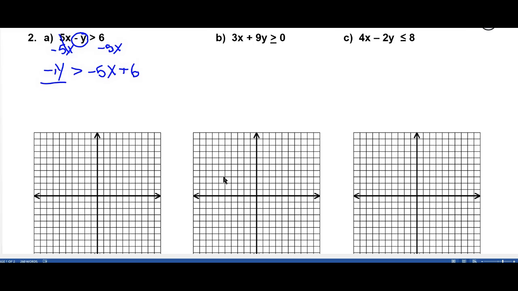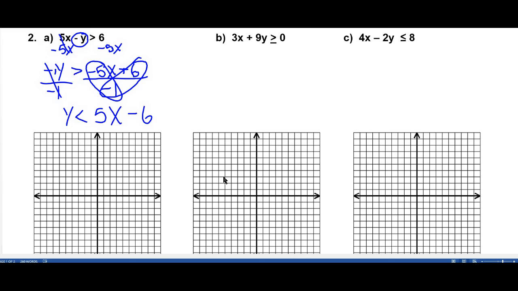This is a -1 coefficient in front of our y. So divide both sides by -1. We're dividing by a negative, so our inequality has to get reversed. -5 over -1 becomes positive 5x. 6 over -1 becomes -6.